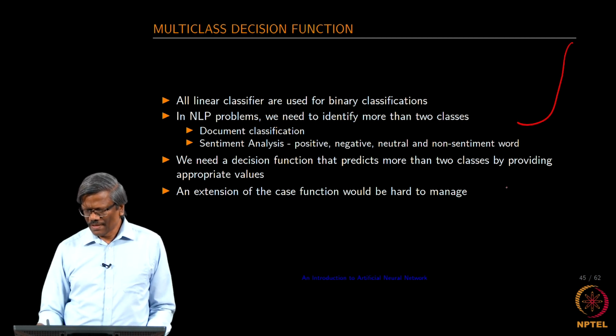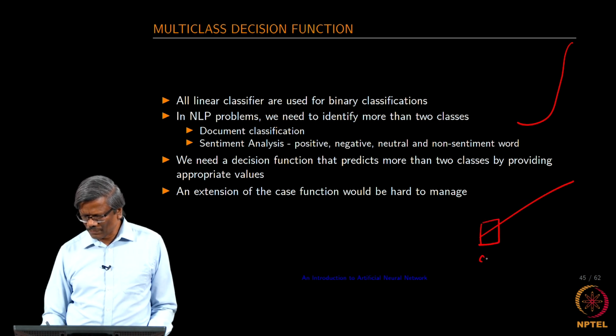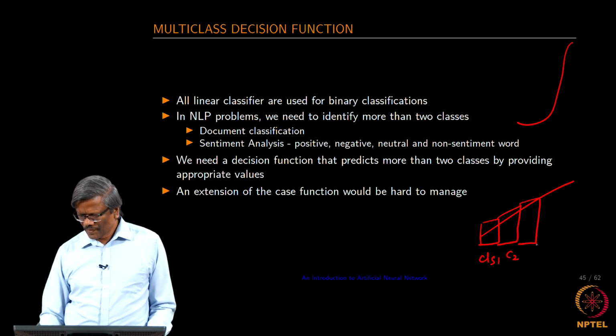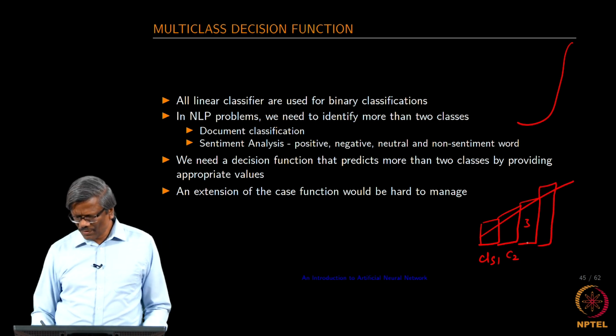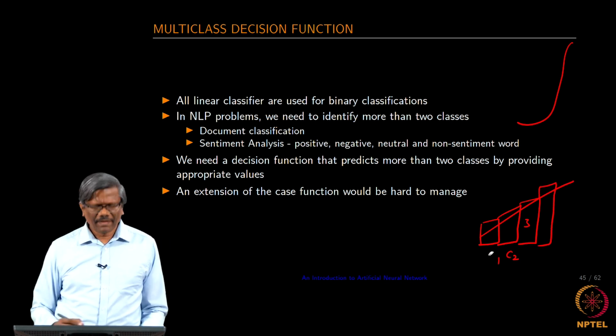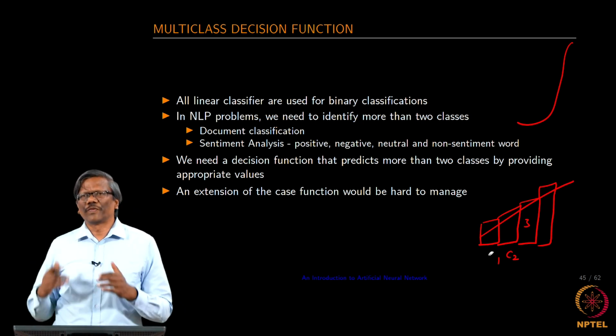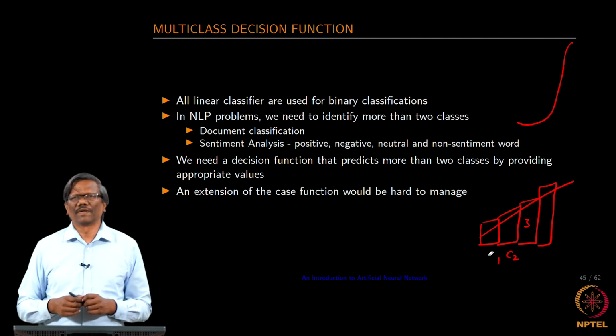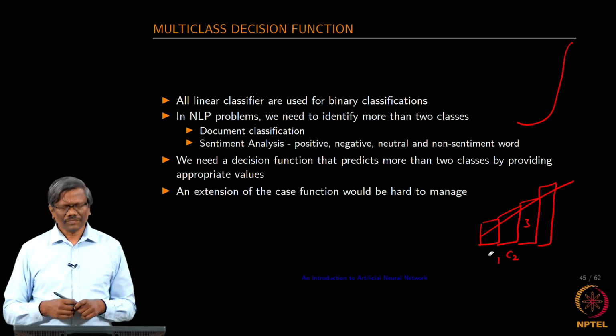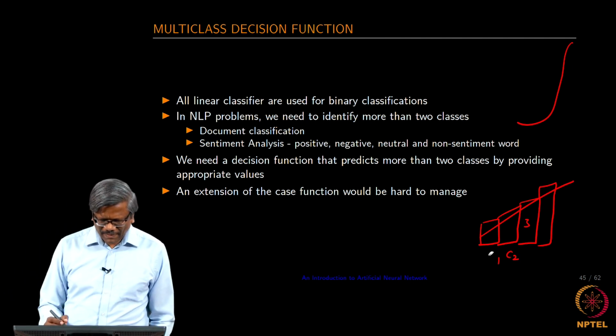If you are having several values, I can't say use this value for class 1, this for class 2, 3 and so on, right. So, instead we need to have a separate decision function that allows you to create multiple classes in itself. So, let us talk about that.